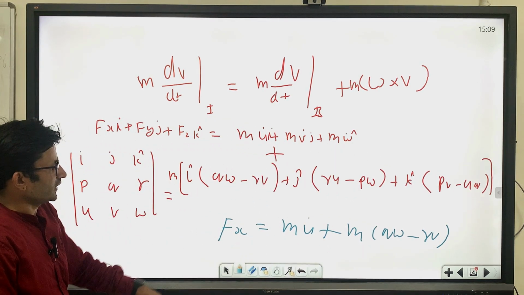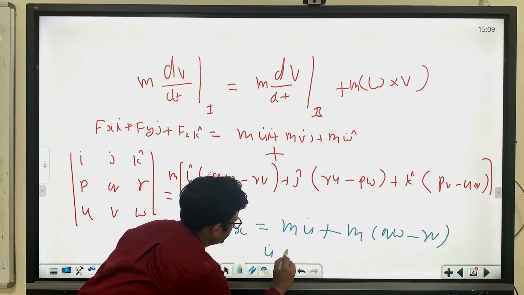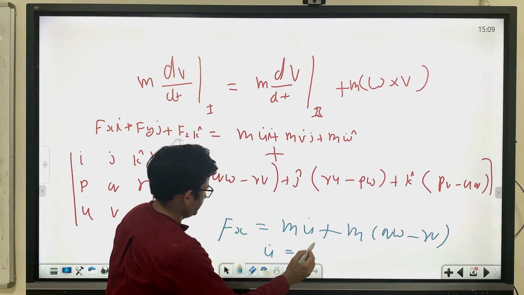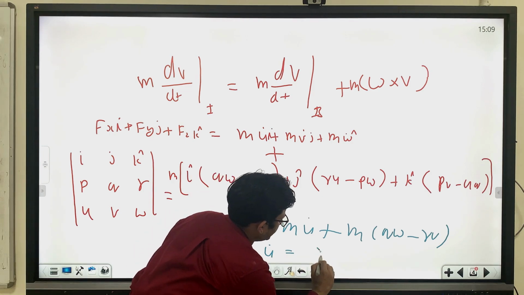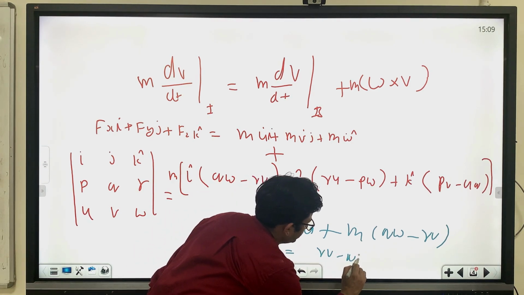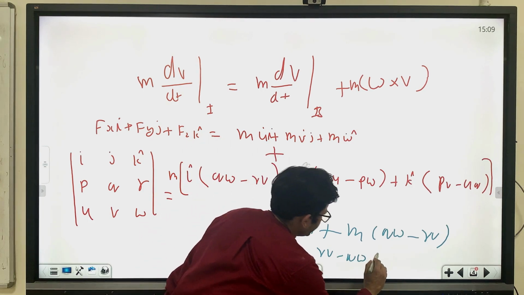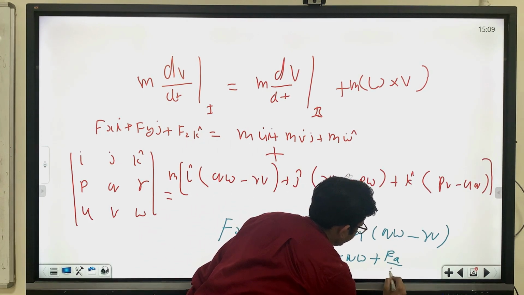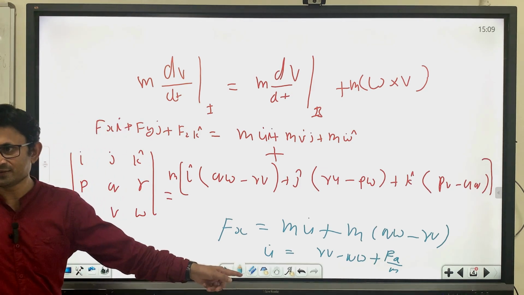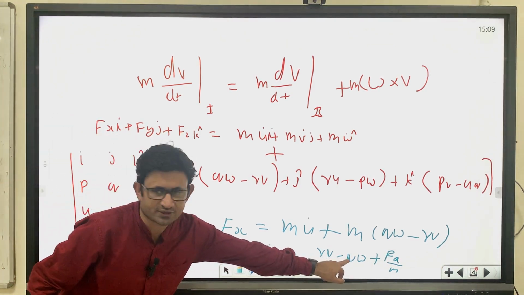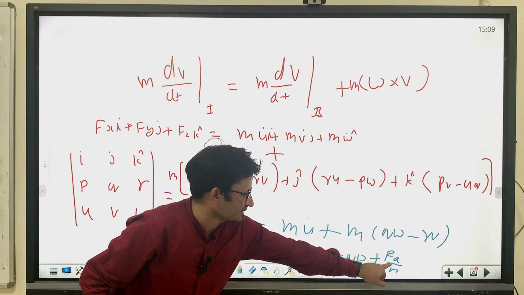So what is my u dot? Can anybody tell me u dot? u dot is r v minus q w plus Fx by m, right? So now you can see r v minus q w, and Fx by m.